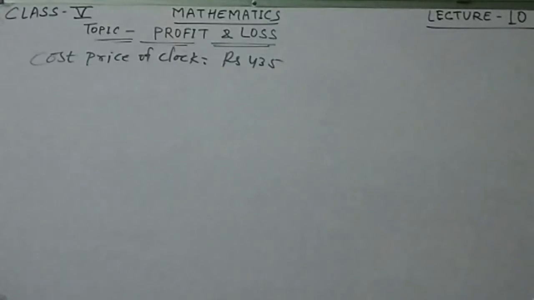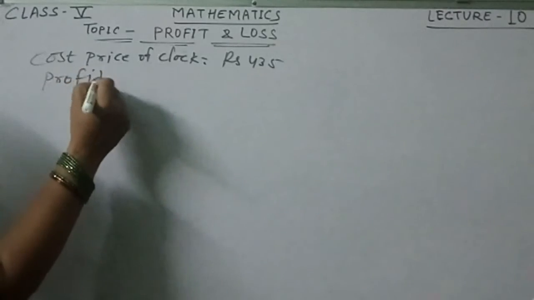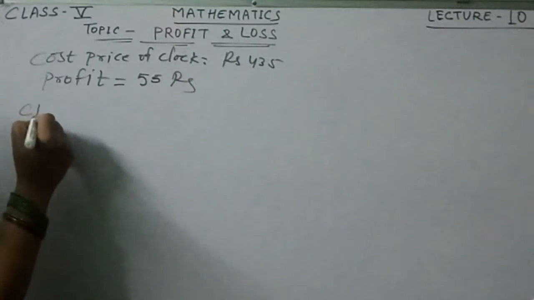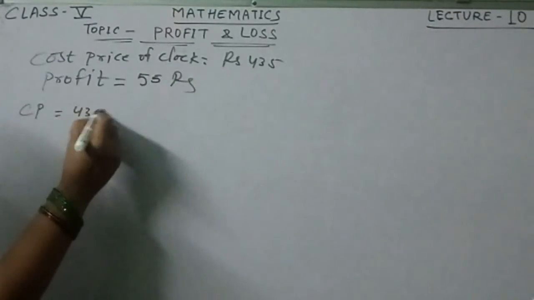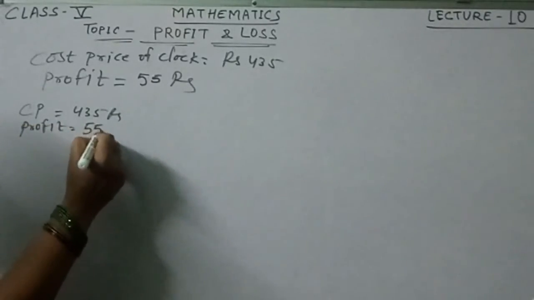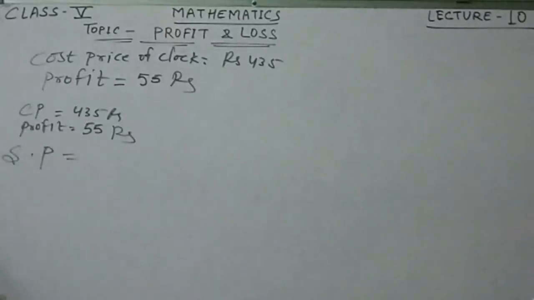Profit is given here. How much? She wants to take a profit of 55 rupees. So what is given here? CP is given as 435 rupees and profit is given as 55 rupees. Then what is the formula of SP? I already gave it at the start. Here the profit is 55 rupees and CP is 435.